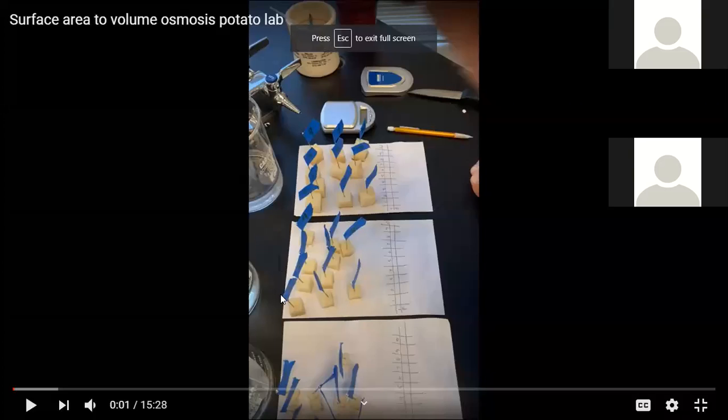This is me. You can tell it's a 15-minute video. You're going to watch the video, and then I'm going to come back and spend all the time answering any questions that you have. But what are 2 other variables that you could use other than surface area to volume ratios?